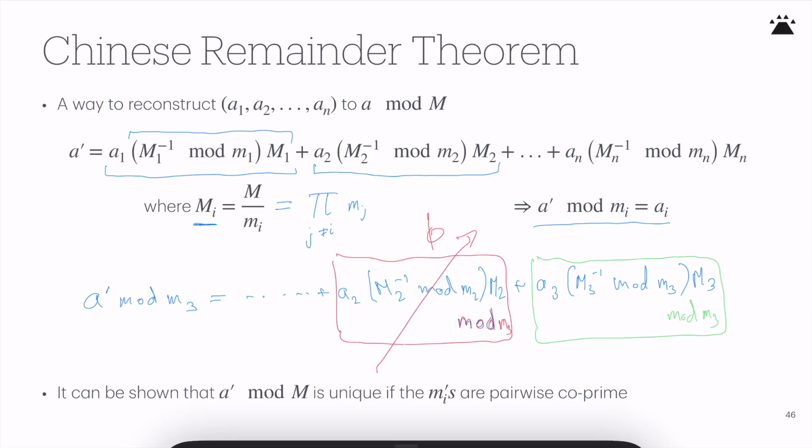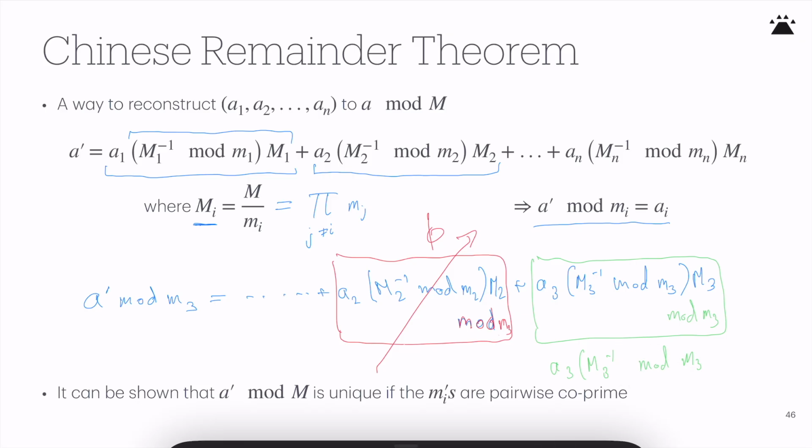If we rewrite this slightly, it'd be M3 to the minus 1 mod M3, multiplied by big M3 mod M3.